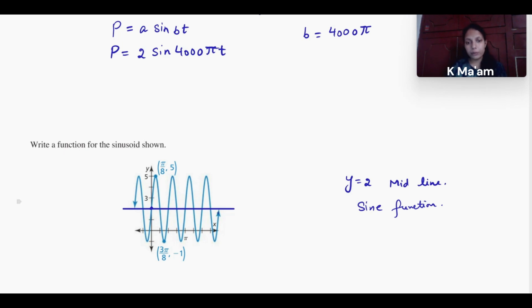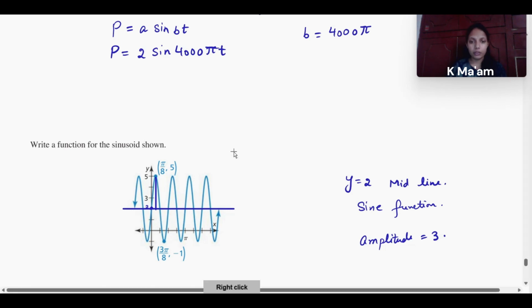What is the amplitude from the point 2 to the point 5? The difference is 3, 5 minus 2 is 3. Amplitude is 3. Anything else? Period. Let's find the period now.